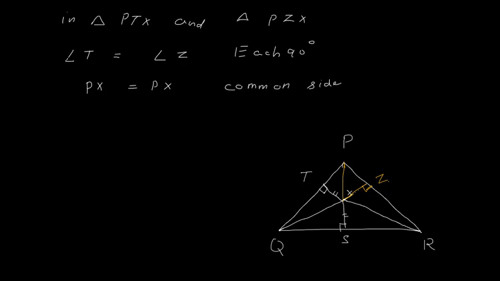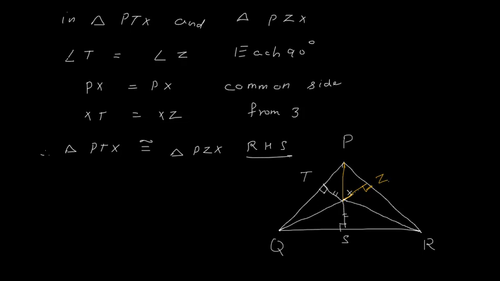And this XT, we have already shown that XT is equal to XZ, from equation 3. So therefore triangle PTX will be congruent to triangle PZX. The criteria is RHS criteria. So these two triangles are congruent.